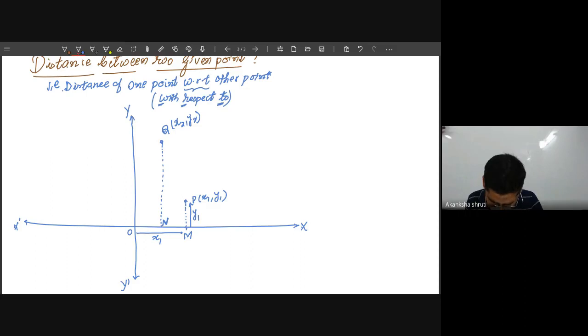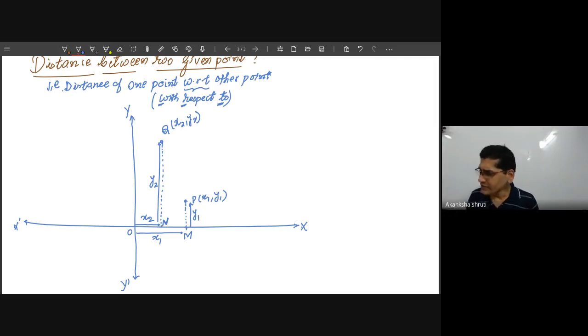Students, in this case, x2 will be only this much. What will be y2? Y2 means from here to here is our y2. Let me draw on this side. This is our y2.